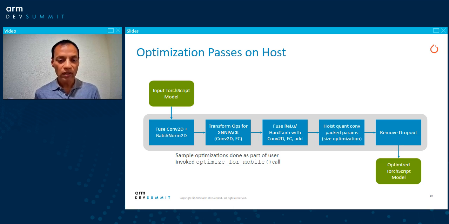It can fuse conv2d with batchnorm2d. It can transform ops for XNNPACK, fuse relu and hardtanh with conv2d, remove dropout, etc. We do plan to continue adding more optimization passes and provide incremental benefits.